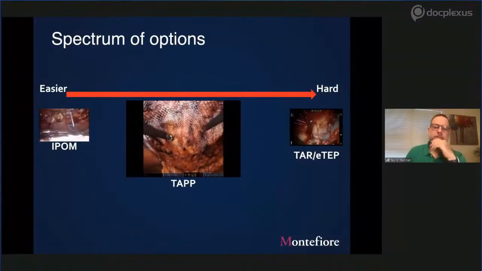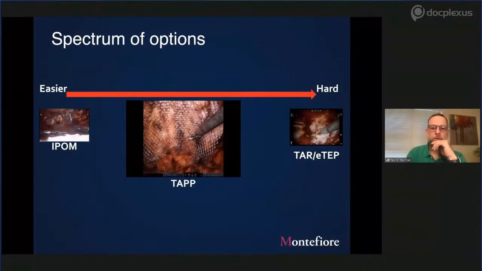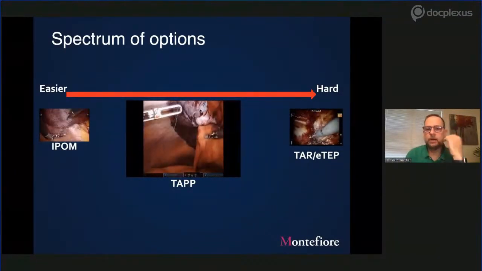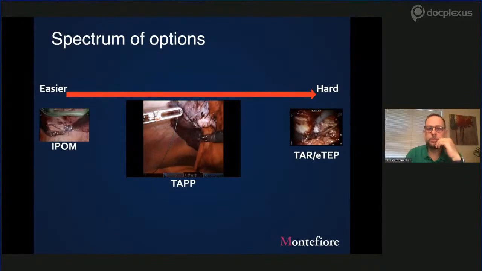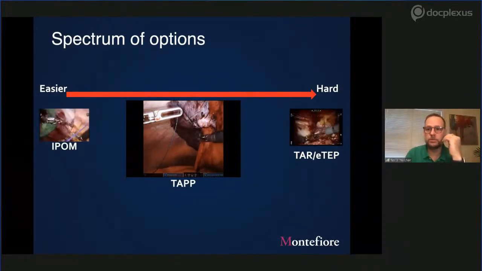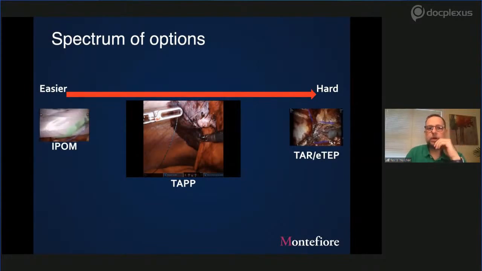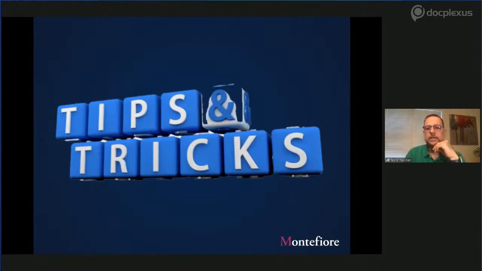We start with the IPOMs, and we have a spectrum of options. Now I'm going to talk about the preperitoneal approach. We have the subcutaneous approach, and we have the new playground, the retrorectus space as well. It's interesting to understand this spectrum of options, and I think that's the real idea behind this webinar.